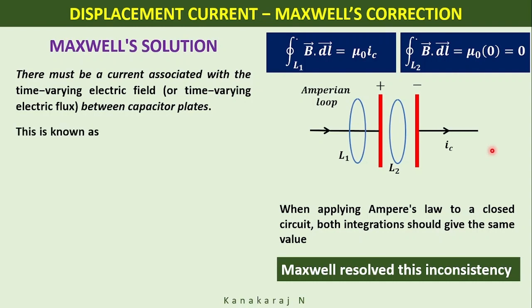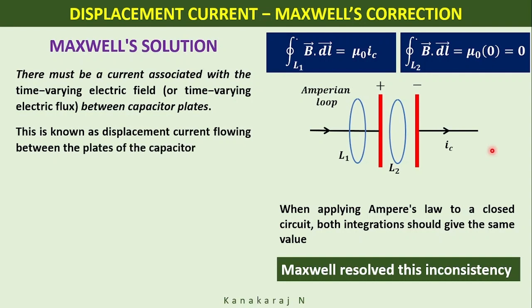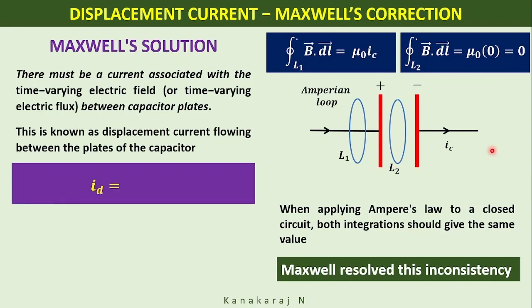This is known as displacement current flowing between the plates of the capacitor, and it is given by the expression ID equals epsilon naught d phi E by dt. This equation can be found with the help of Gauss's law of electrostatics.